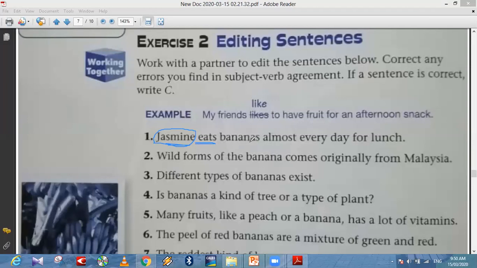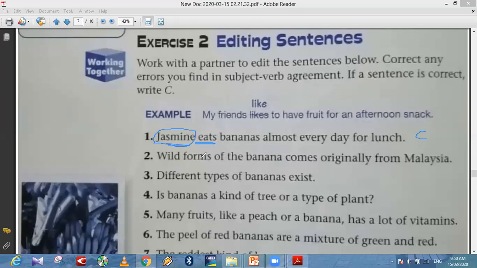Jasmine eats bananas almost every day for lunch. Thank you so much. So this sentence is correct. Write C beside the sentence. Thank you so much. Another one.